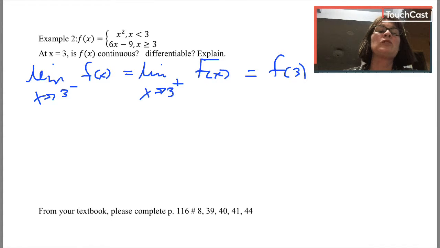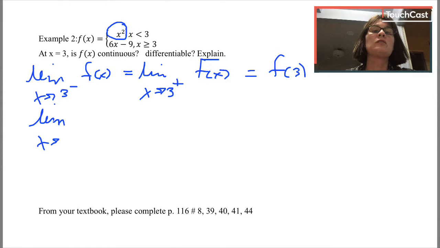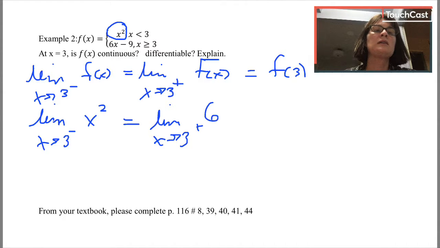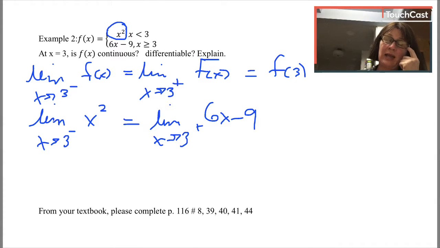The limit as x approaches 3 from the left. With x values to the left of 3, x squared is the rule. So this is going to be the limit as x goes to 3 from the left of x squared, which needs to equal the limit as x goes to 3 from the right of 6x minus 9, the rule that's active when x's are to the right of positive 3.